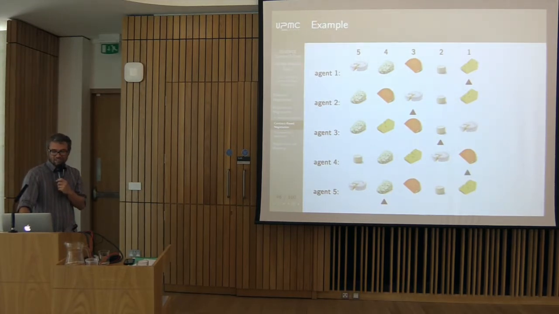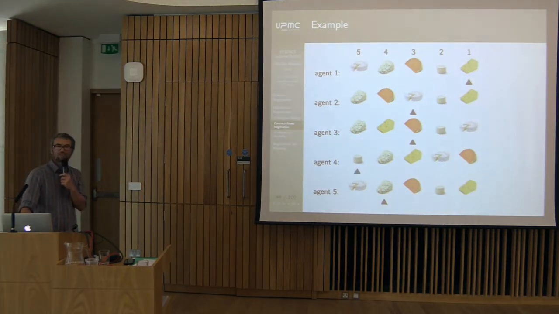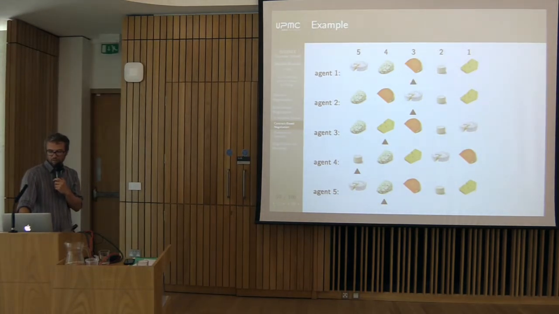Then agents 3 and 4 could also swap their cheese, because agent 3 says, you have the mimolette, I prefer it, and then agent 4 says, you have the goat cheese, this is my favorite cheese. They swap it. Then agents 1 and 3 could do the same, Gruyère and mimolette.